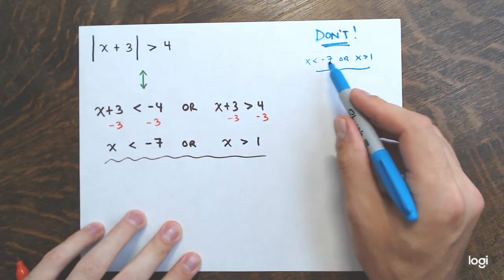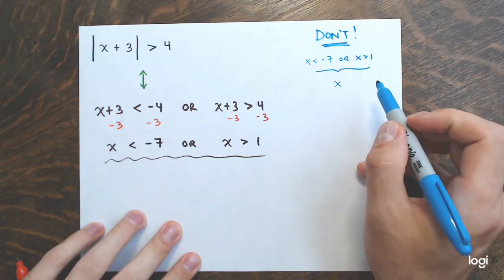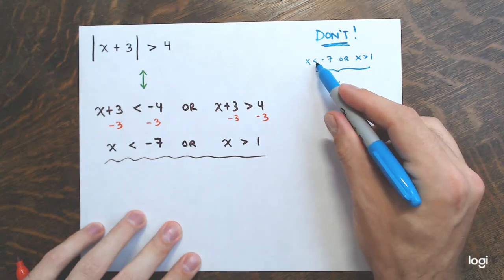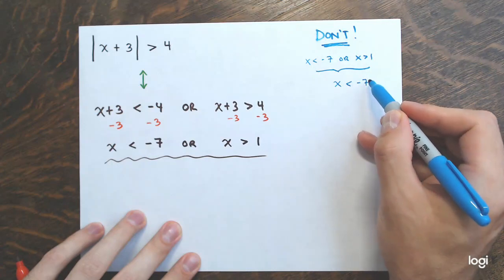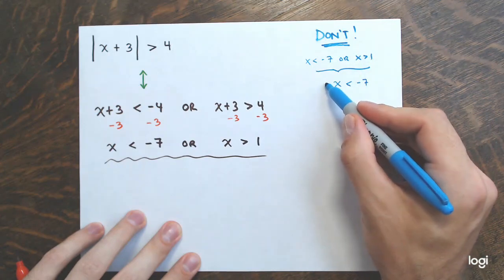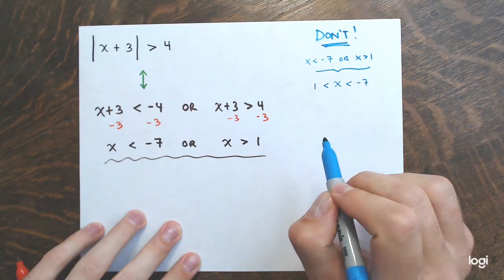They remember seeing something where they put the variable alone in the middle and said, oh, it's greater than 1, x is less than negative 7.